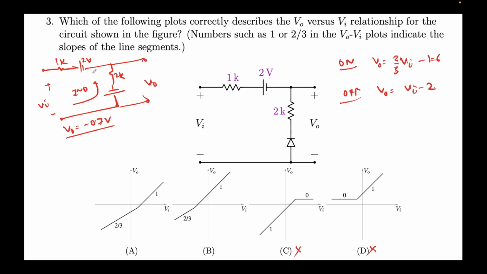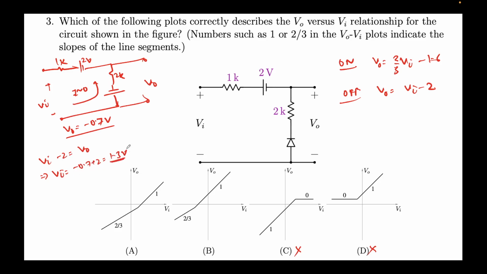And if I put it in this expression, VI minus 2 equal to V naught, this will give me VI should be equal to V naught plus 2, so minus 0.7 plus 2. At this Vin, the diode should start to conduct.